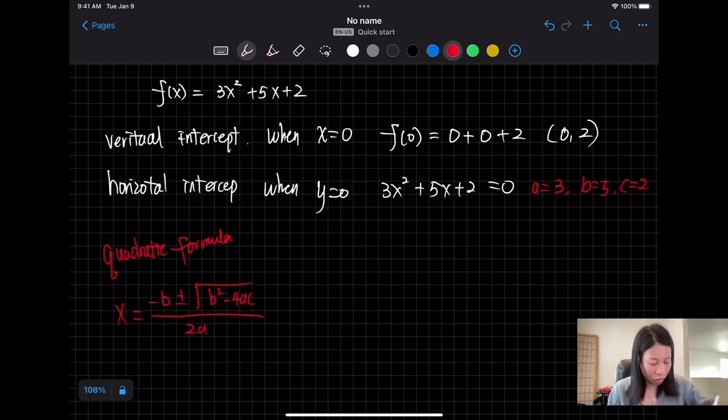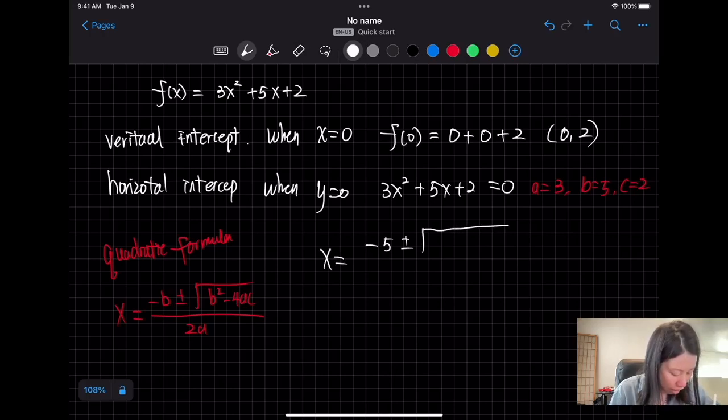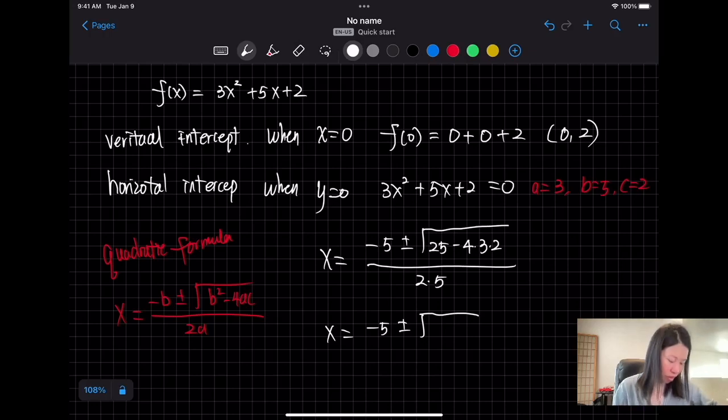So when you solve that using the quadratic formula, we just need to substitute a, b, c into the function. I have negative 5 plus or minus the square root of 9, over 10.